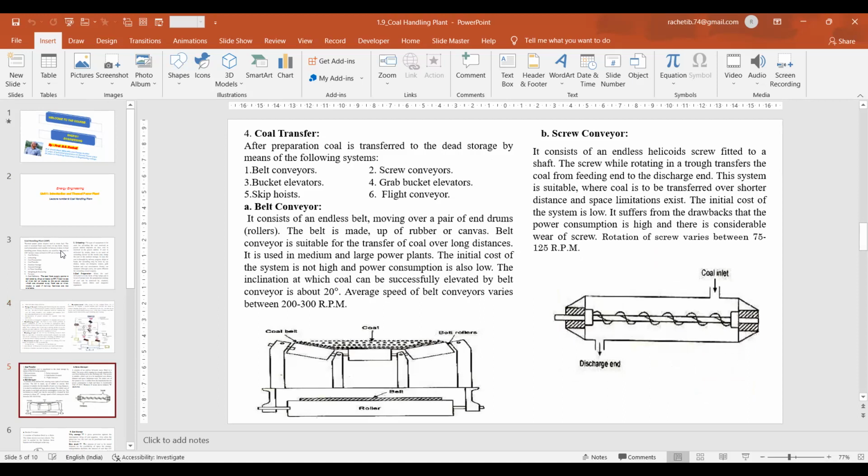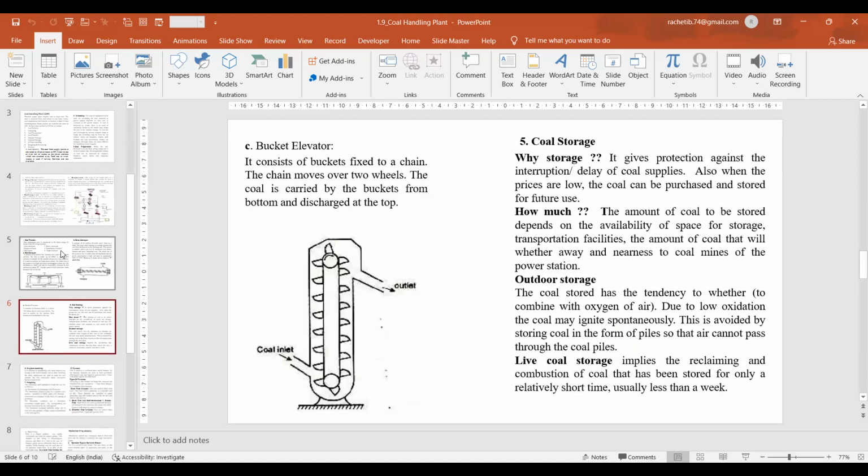Then we saw the equipment required to carry the coal from one place to another or to the last destination: belt conveyors, screw conveyors, bucket elevators. Then we saw the necessity of coal storage.